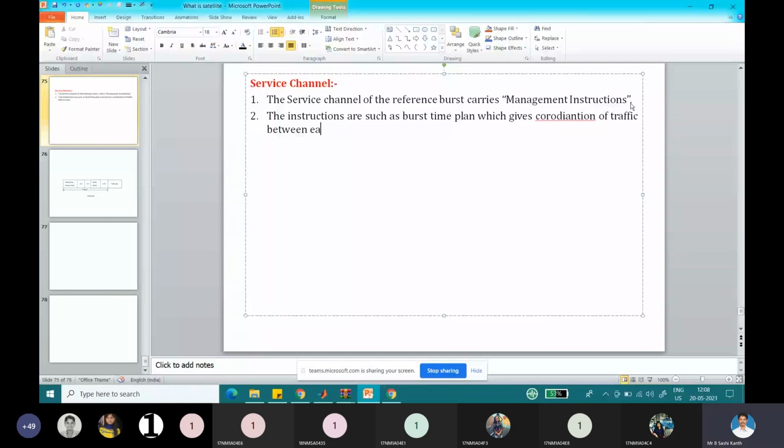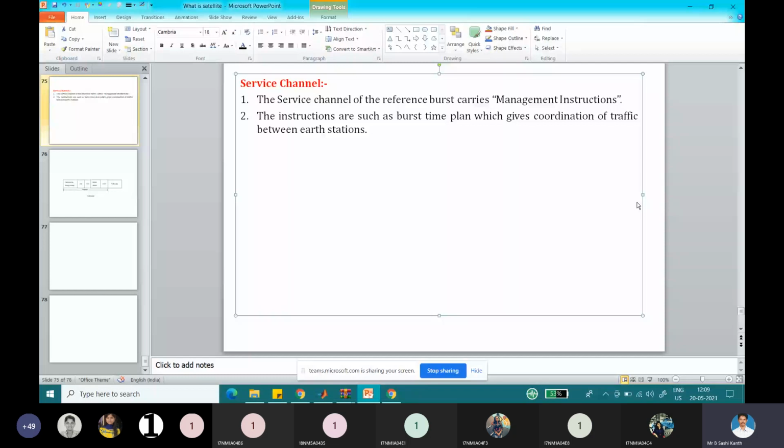Okay, it gives the coordination of the traffic bursts between the earth stations. How much is the burst that you are designing, and that should be coordinated with the traffic between the earth stations. If this has been providing the traffic between the earth stations, you can have the data sent with the synchronization between the earth station and the satellite. That is the intention of this point.